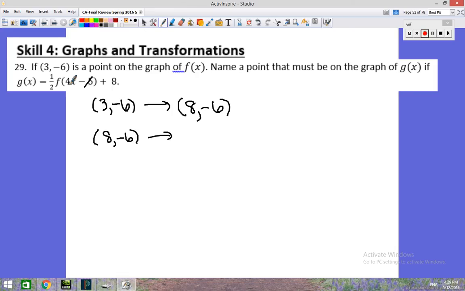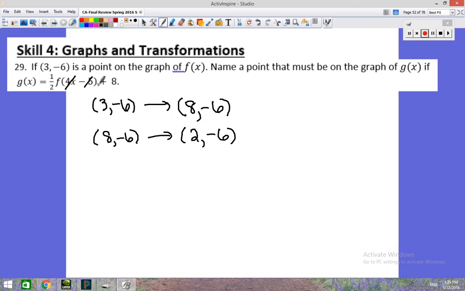It's not a horizontal stretch, it's a horizontal shrink. Even though it says 4 times x, we're actually going to take the x-coordinate and divide it by 4. 8 divided by 4 is 2. The y-coordinate is left alone for that transformation. Well, we're done with the transformations on x. Our final x-coordinate is going to be 2.